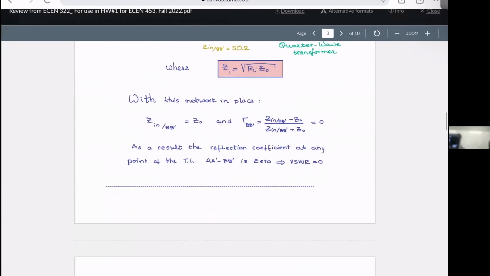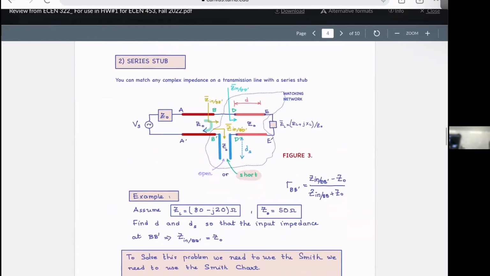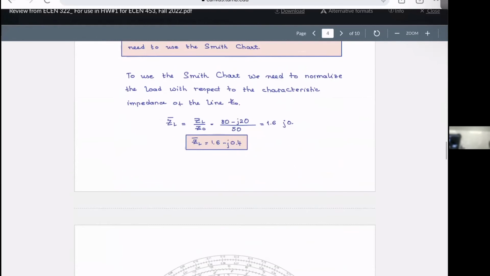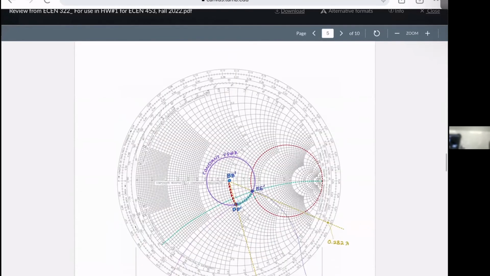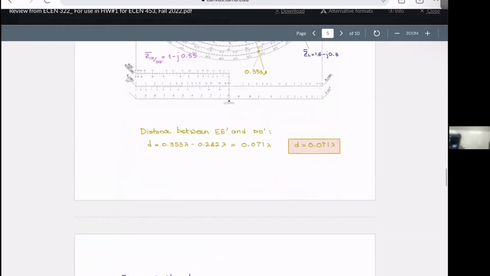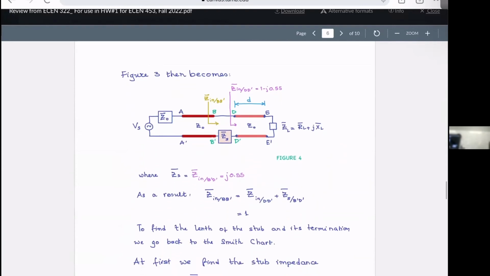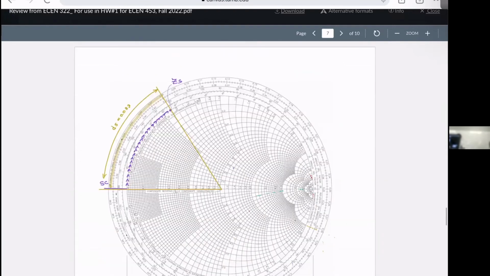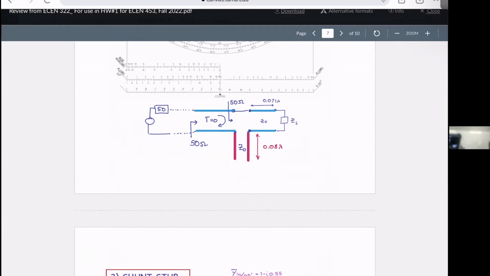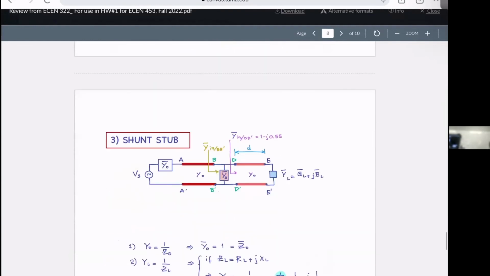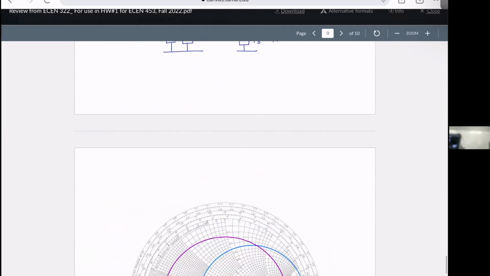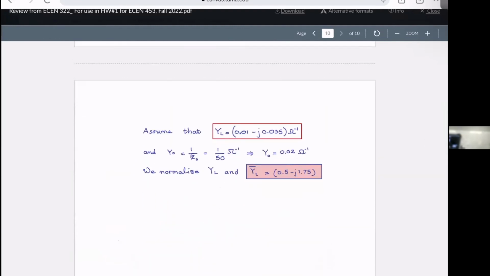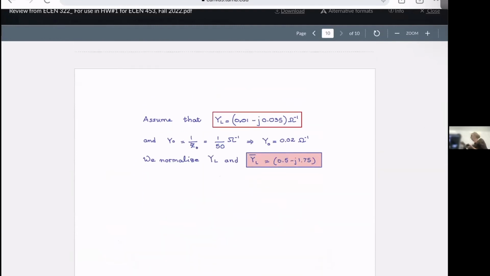What is a series stub? How do we use the Smith chart for that? How do we use a short and open, a shunt stub, and so forth? I'm going to do them as we go, but I will go fast. I'm not going to slow down because this is review material.